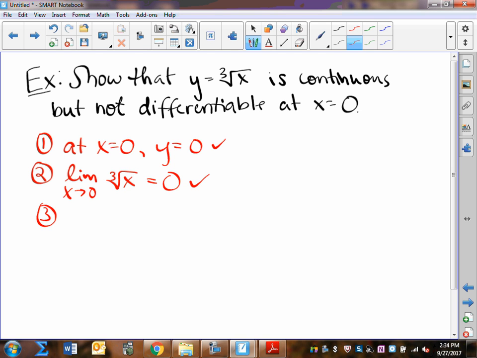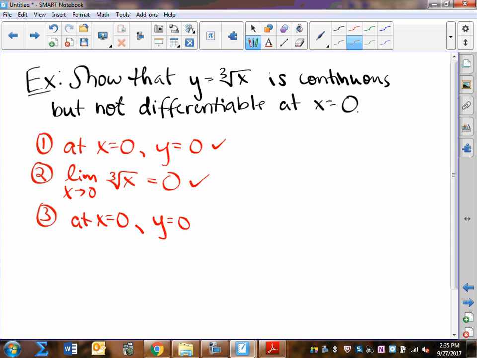Third requirement, they must equal each other. So at x equal to 0, y equals 0. I don't like that it's a y. f of x is just so much nicer because we'd say f of 0 is 0. But that's okay. Technically, what you guys can do on an AP exam, if you have this for free response, you can say let f of x equal y, which equals that, and then you can just use f of x.